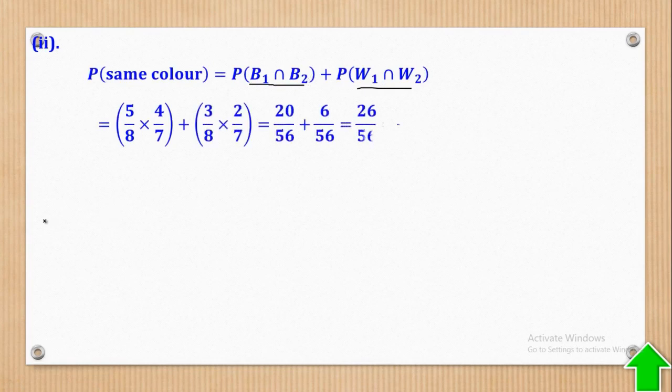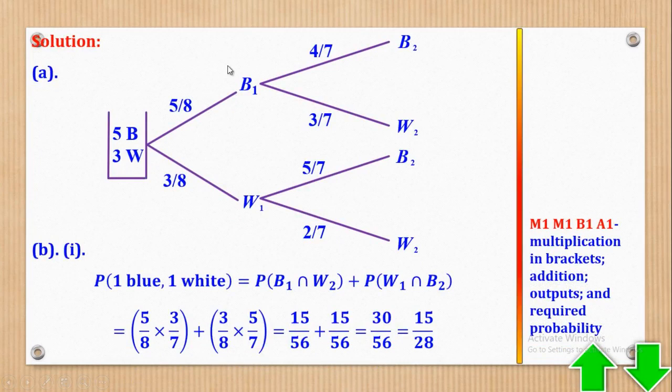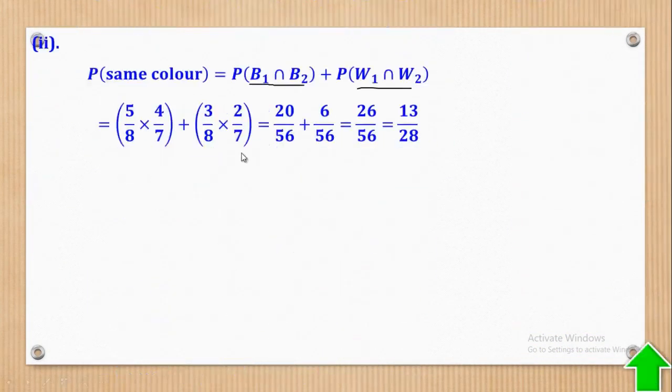Therefore, we shall go back to our tree diagram. Blue means 5 over 8 times 4 over 7. Then white means 3 over 8 times 2 over 7. Which is that, so we'll end up with 13 over 28.